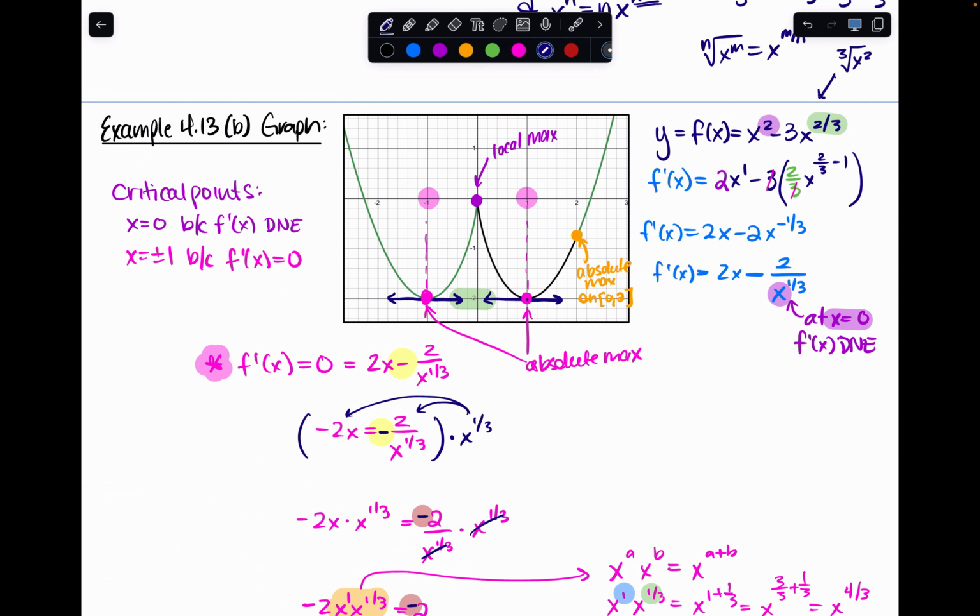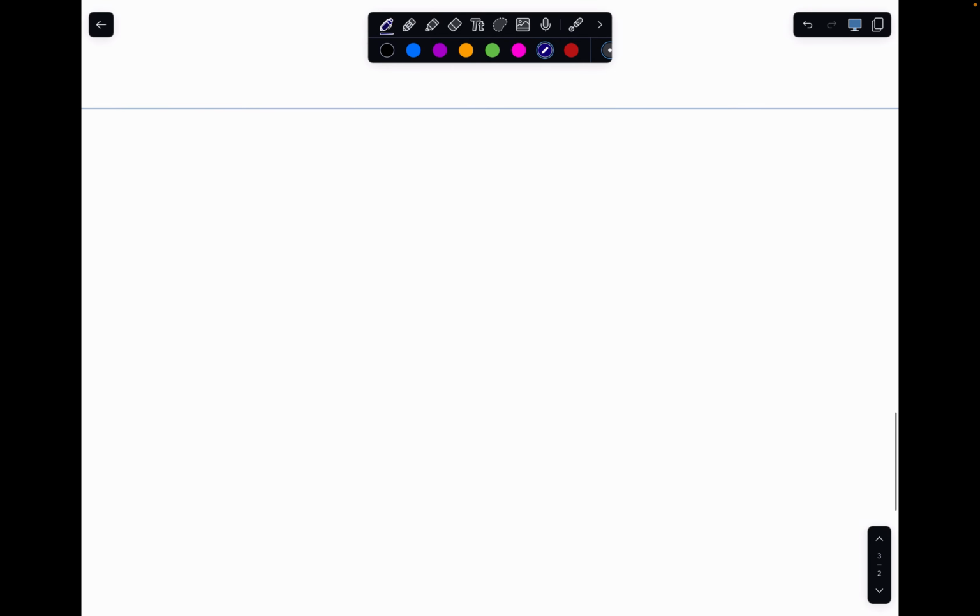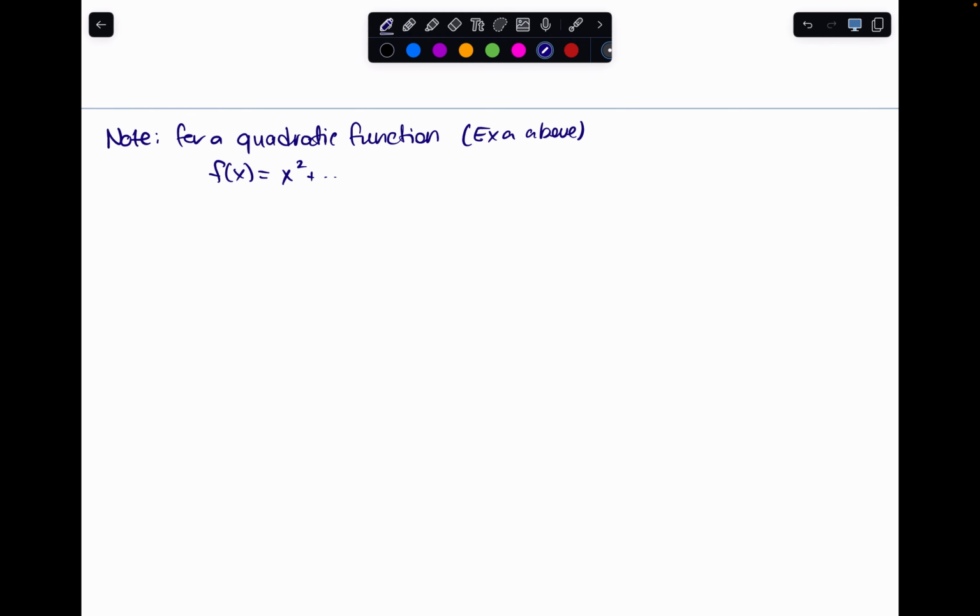And I also want to emphasize one more thing about cubic functions, third-degree polynomials. So just a quick note, for a quadratic function, like example A, we went from f of x equals x squared plus something, so we went from a power of 2 to a first derivative 2x plus something, a power of 1.